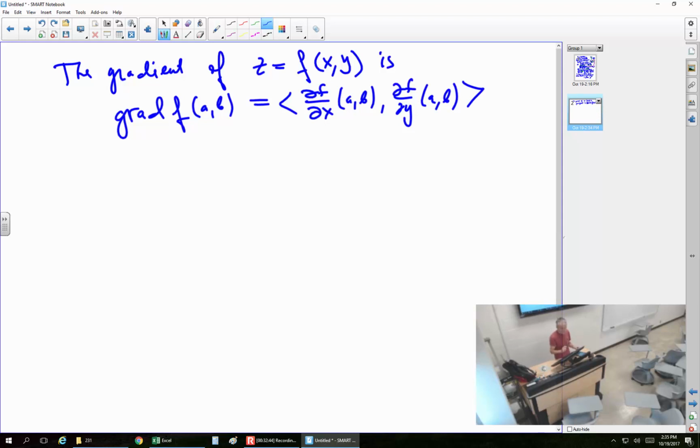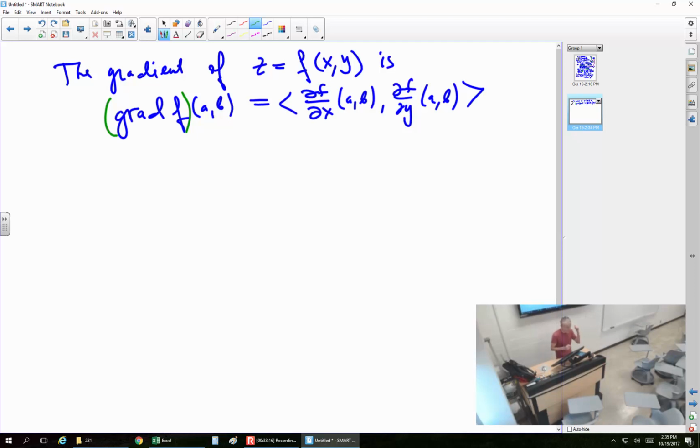Okay. So carefully, I'm going to put here something that is normally not used, but it's certainly worth keeping in mind. What's the meaning of the gradient? It is an operation carried out on the function, not on the point (a, b). You take the function as is, as a function that varies with respect to x and y, compute the partial derivatives, combine them, and then evaluate those at this particular location (a, b).